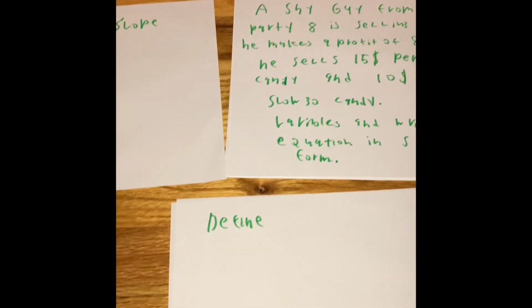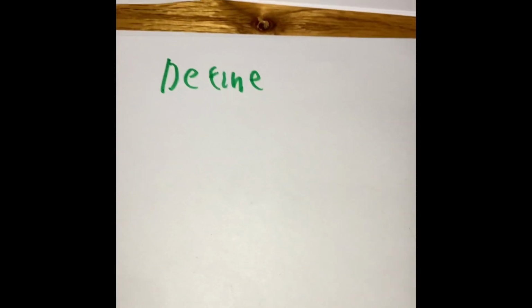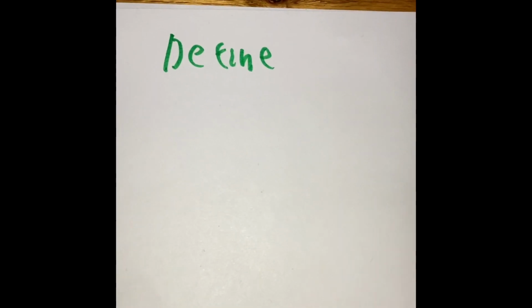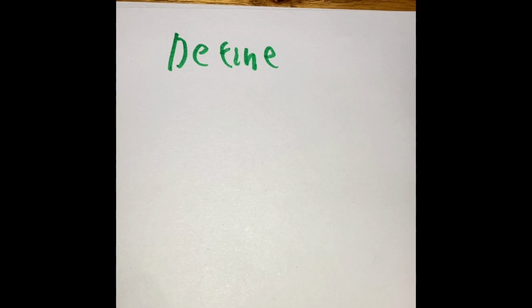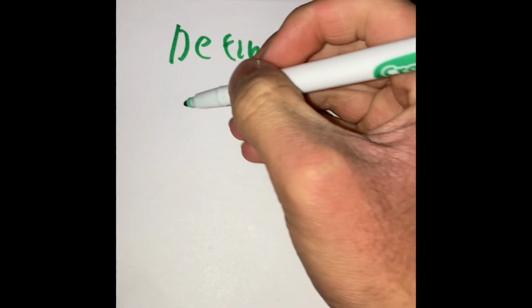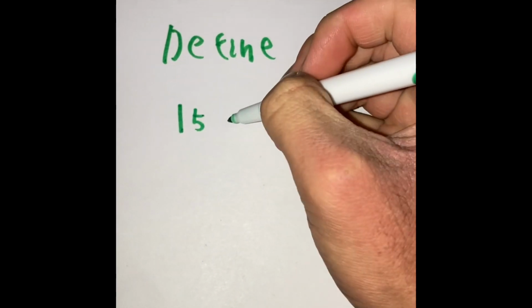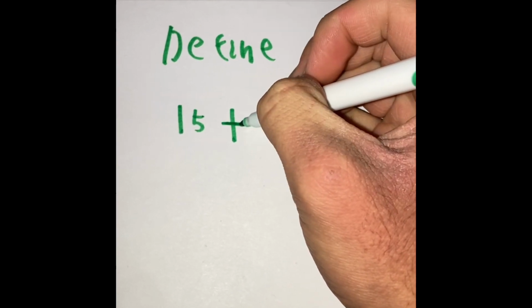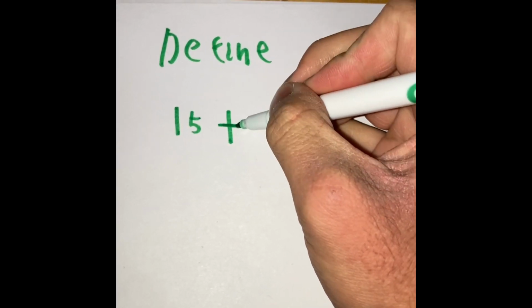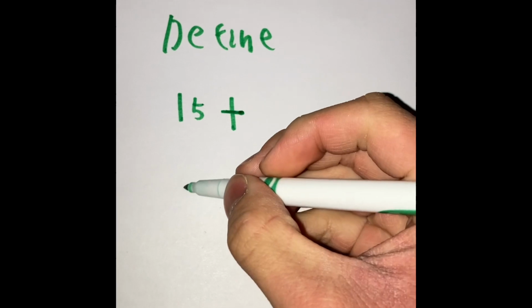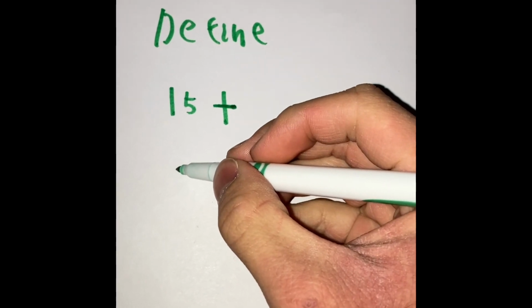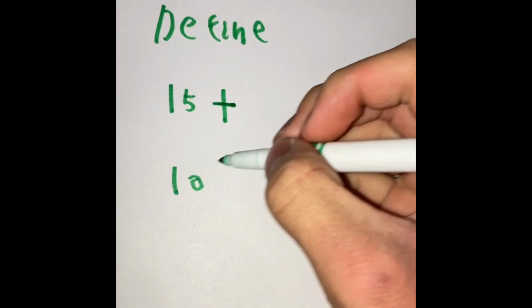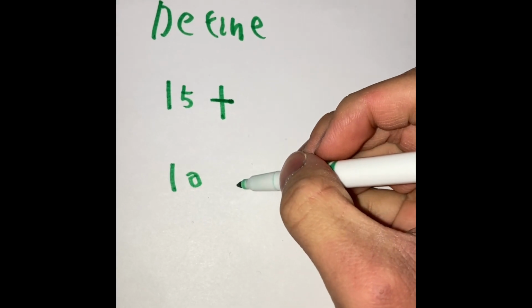So we have the information for our variables. The Shy Guy sells $15 per every Thrice candy he sells, so we're going to write 15t, lowercase t, for every Thrice candy he sells. And he sells $10 per every Slow-Go candy.